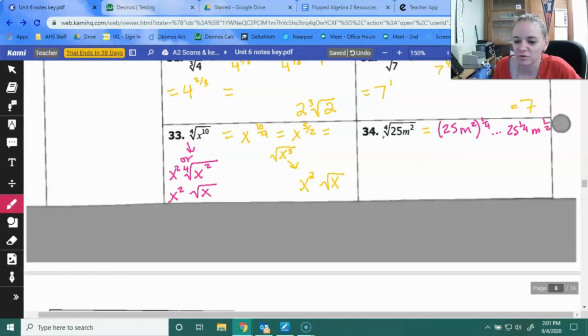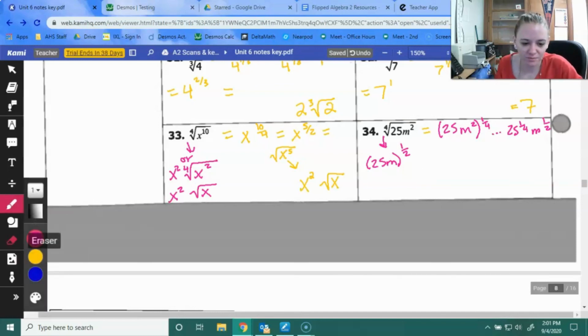So I want to show you a kind of trick here. So m is squared, but 25 is not squared. So I can't just say, alright, it's 25 m to the 1/2. I can't do that because of the 25, okay? But I can do this.